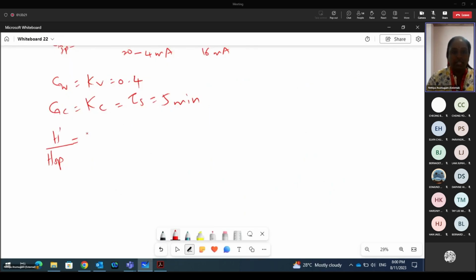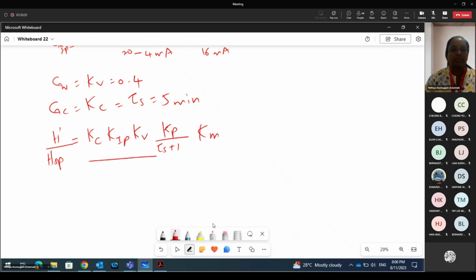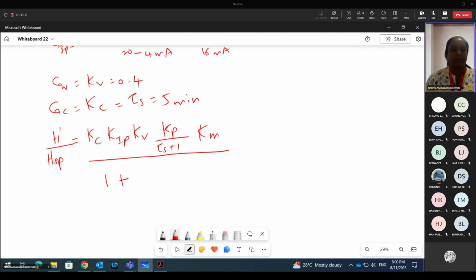So it will be Kc, Kip, Kv, Kp over tau s plus 1 and Km, right? So the minus will become positive because of the sum point. So it will be Kc, Kip, Kv, Kp over tau s plus 1 Km.